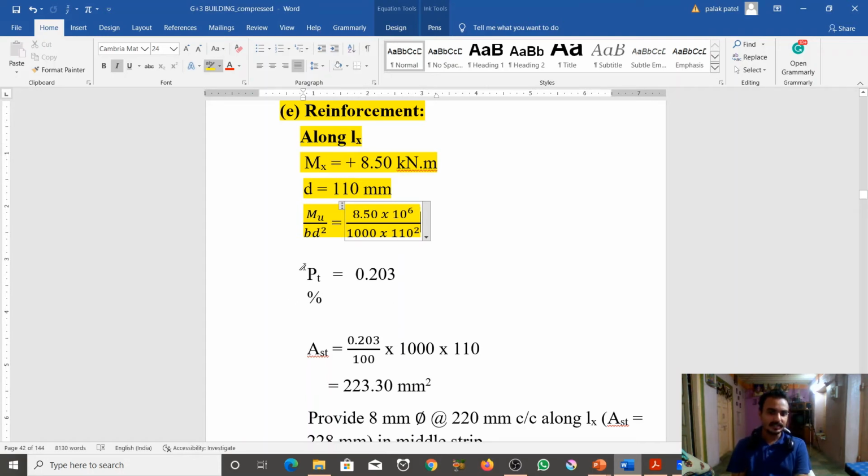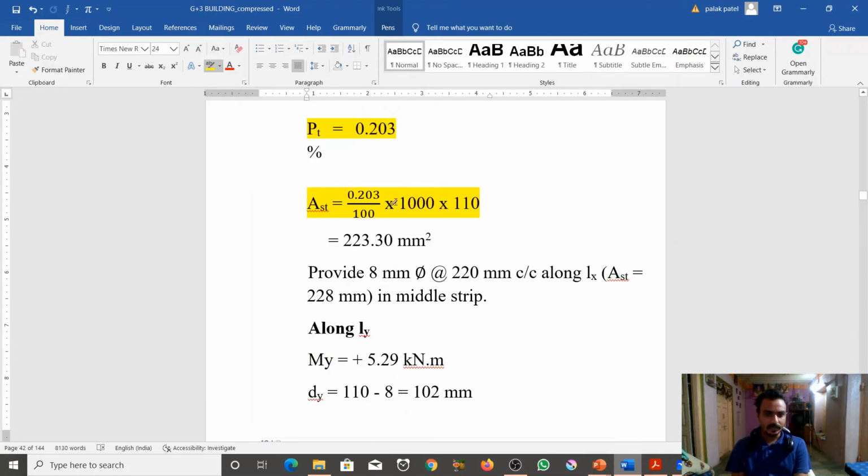By the Mu upon bd square, we can find out pt from the SP, 0.223, 0.203. So from the pt, Ast we can find out: 203 divided by 100 into 1000 into 110.